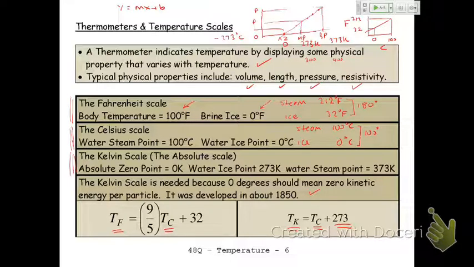My y is degrees Fahrenheit, and my x is degrees C, and my slope, rise over run, is 180 over 100, and my y-axis intercept is 32. It's the same equation, so I don't learn that equation. I can figure it out anytime I want because I understand a straight line.